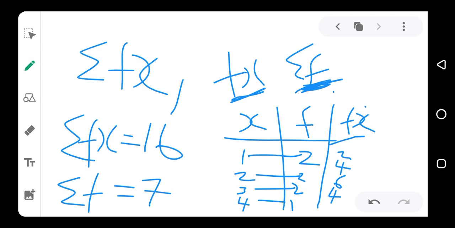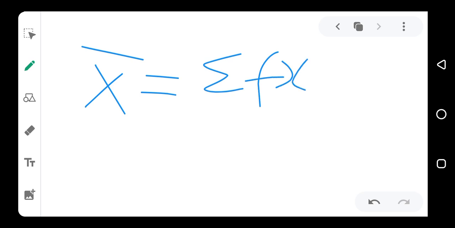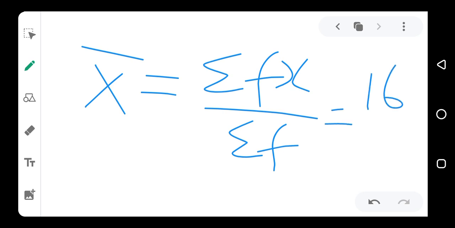So it now means that our mean, which is equal to sigma fx over sigma f, is equal to 16 over 7. Whatever we get when we divide this is the mean.